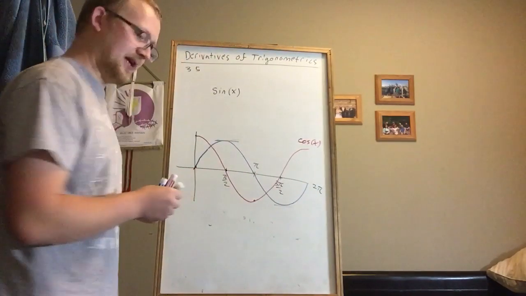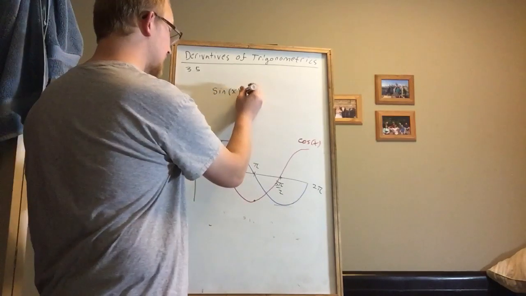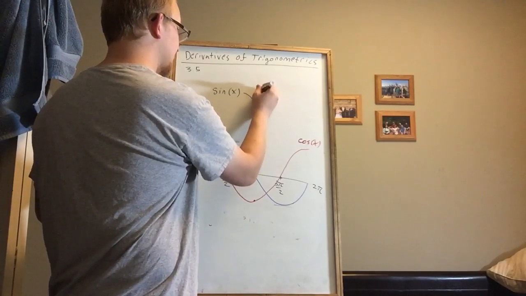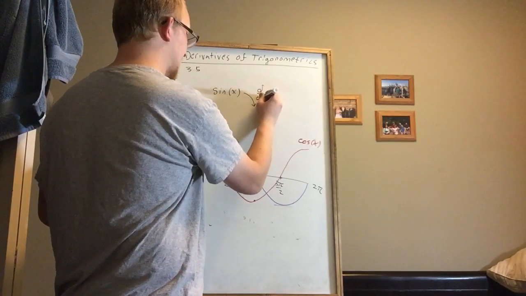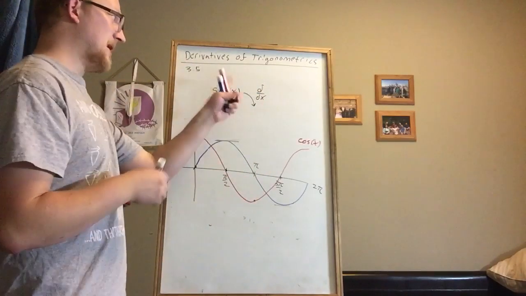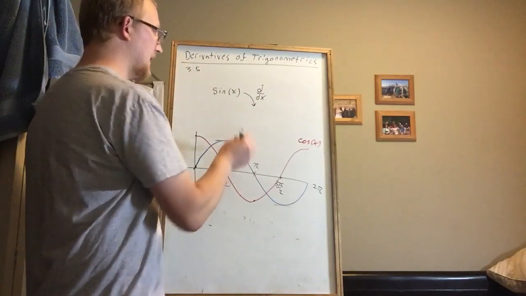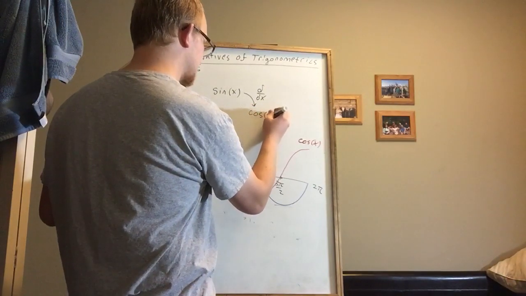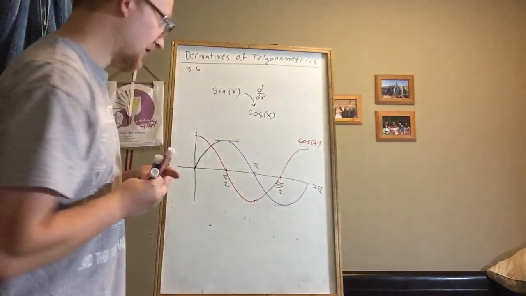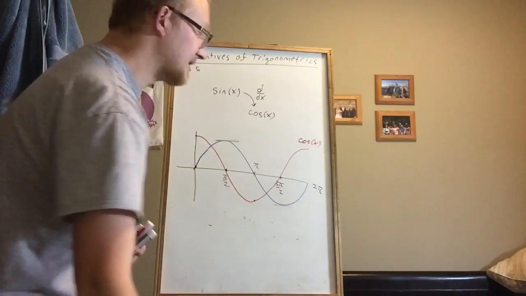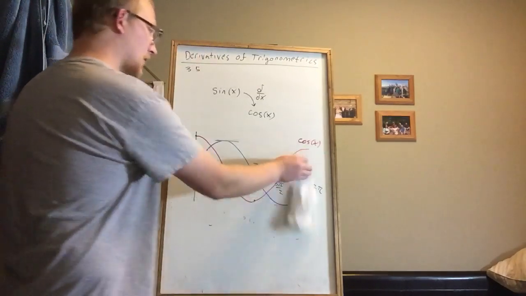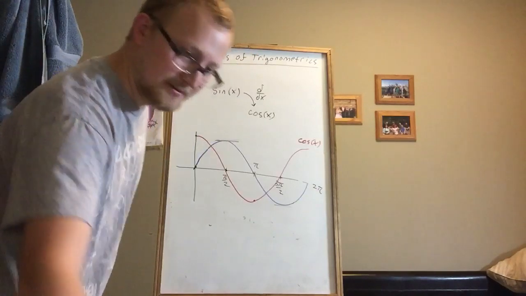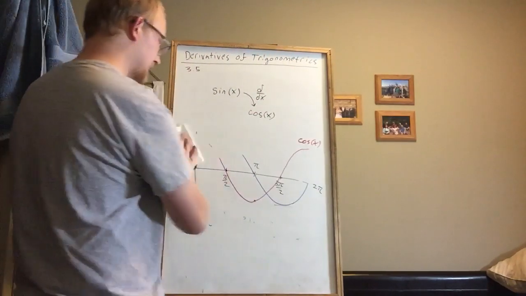So this starts the beginning of our cycle as sine. So when I write d dx, I mean taking the derivative with respect to x of sine, and it points in the arrow direction, is equal to cosine of x. And you could walk through this process for the next part of the cycle, but I just wanted to show graphically what's going on here.